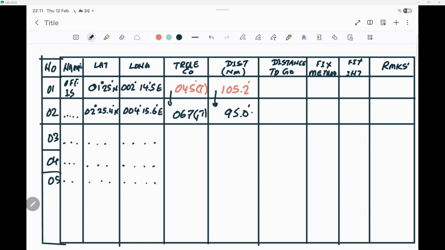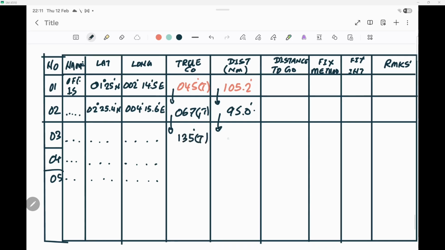Then waypoint 2 to waypoint 3 course is 067, and the distance is 95 miles. Likewise, you have to find out the courses and distances from waypoint 3 to 4, 4 to 5. So in this case, let's say waypoint 3 to 4 is 135 degrees true and 25.2 nautical miles.